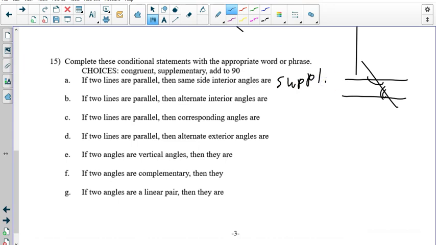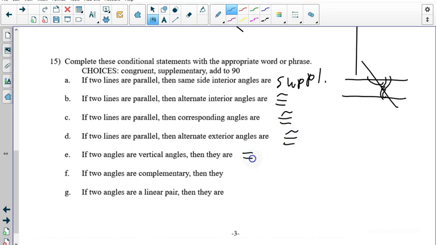Alternate interior angles would be the two arc ones, so those are congruent. Corresponding angles, we talked about previously, those are congruent. They're the same thing, one on the inside, one on the outside. Alternate exterior, we will also talk about that. Those are congruent.